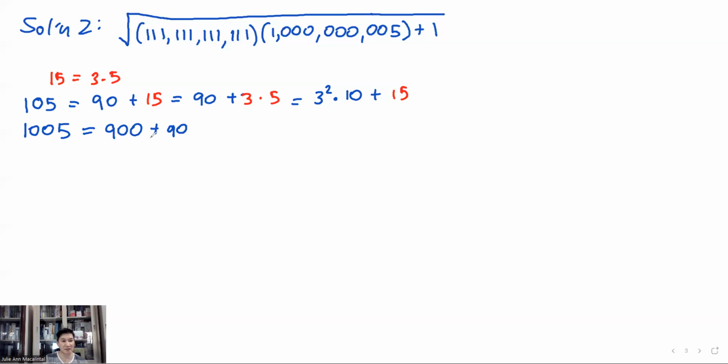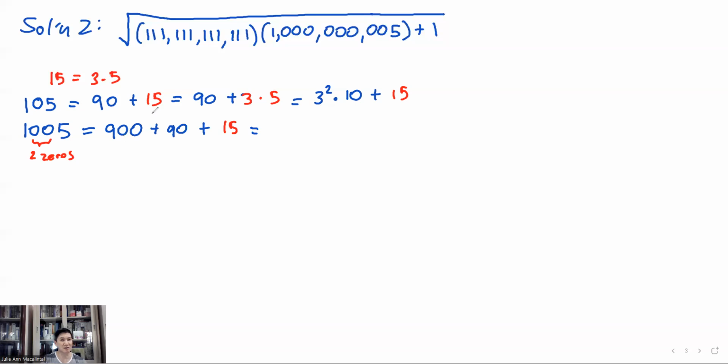So that's 990 plus 15. Correct? So this one, 2 zeros.